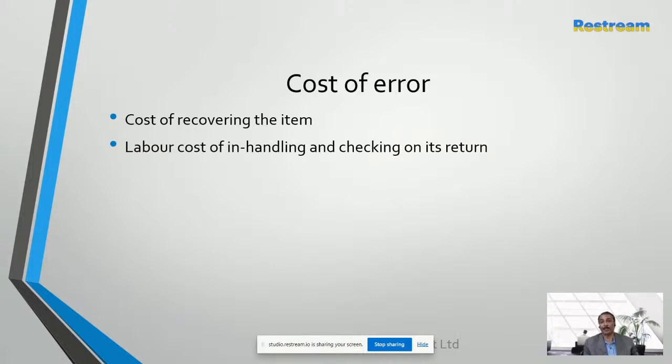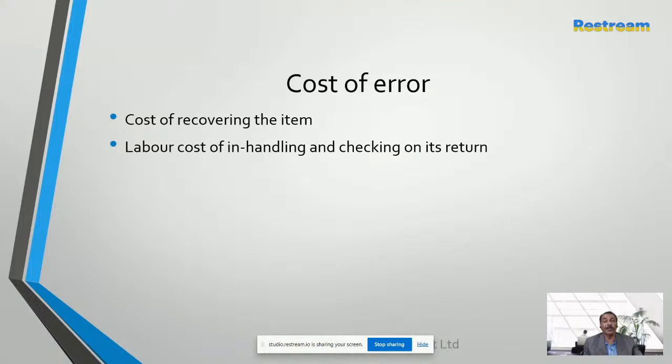When a wrong item goes to the customer, then you should have a reverse logistic to pick this item back, and we are going to have a problem on the returns management. And you should have a separate team to handle the returns.